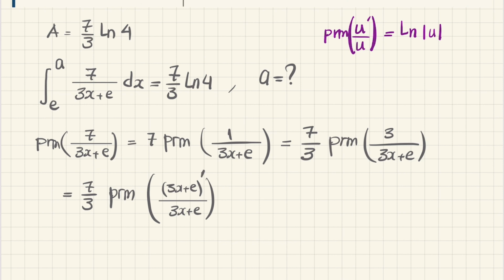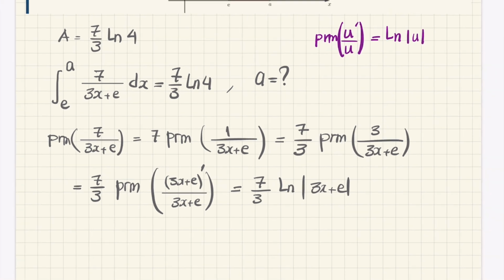If someone asks you what is the derivative of this, you would say 3, and this 3x plus e is the same. So the function for which I want to find the primitive function I was able to write in this way, and now using this formula I can find a primitive function for that. It is 7 over 3 ln of absolute value of 3x plus e. Hopefully now you can follow.